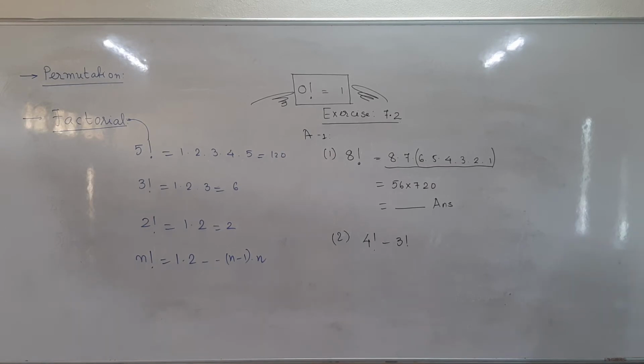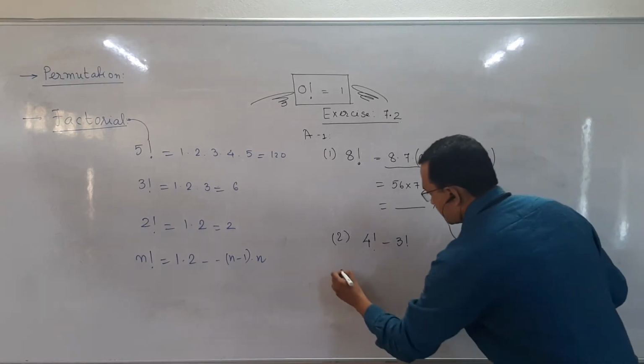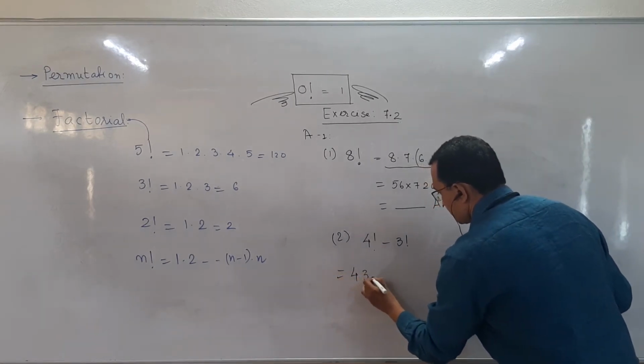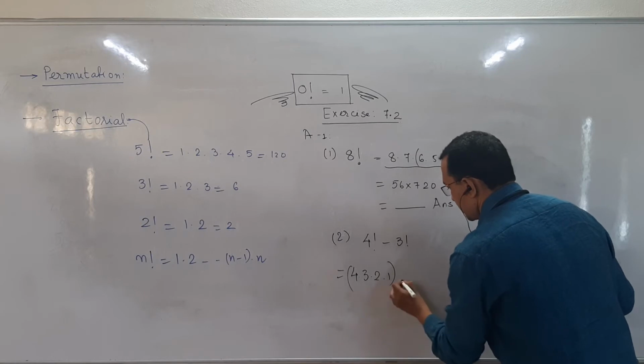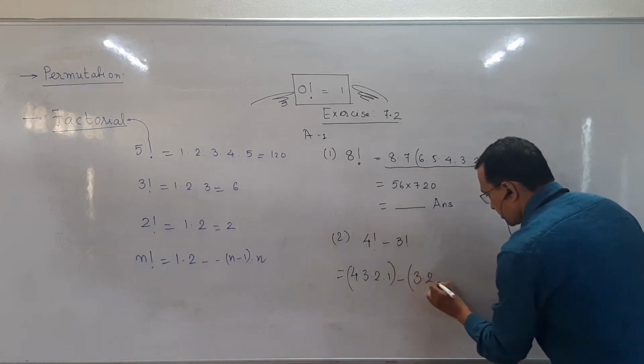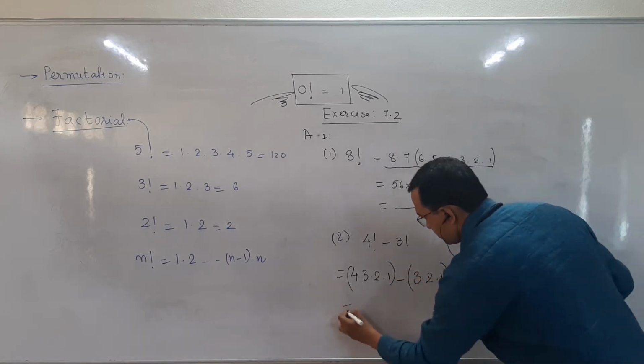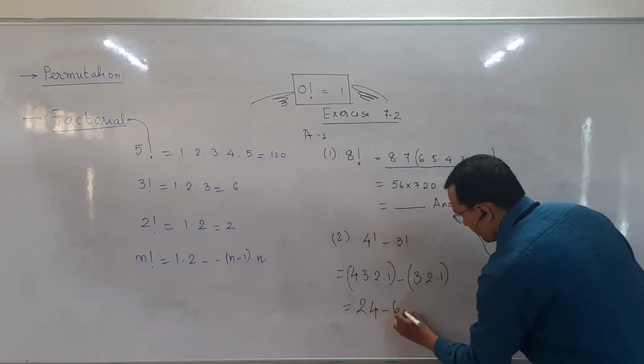Now, 4 factorial minus 3 factorial is not 1 factorial. So be careful. First of all, I will open 4 factorial. 4 factorial is product of first 4 natural numbers. And 3 factorial is product of first 3 natural numbers. So 24 minus 6.